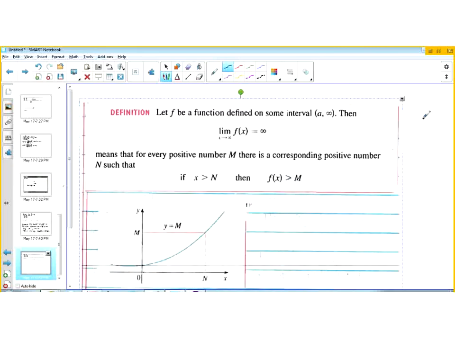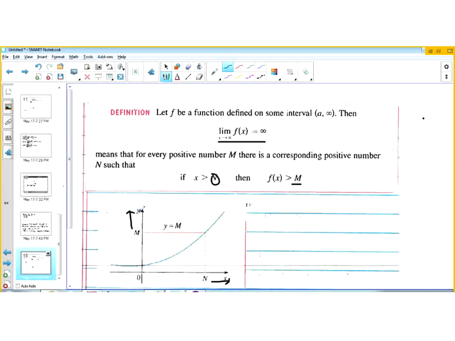Okay, and so let f be a function defined on some interval a to infinity. The limit as x approaches infinity of the function is equal to infinity if, okay, we find some n. If x is greater than n, then the output is greater than some m. So in proving this limit, we need to find two numbers, an n and an m. So if x goes this way, then y can never be less than m.